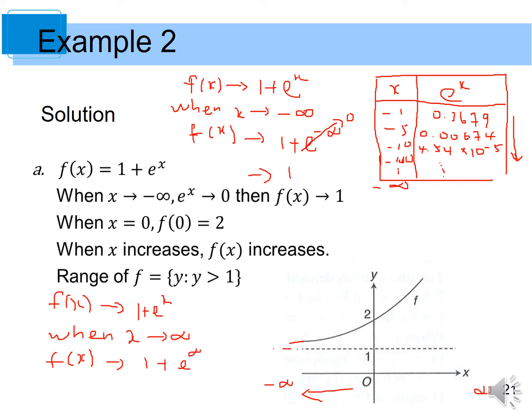So just construct a table to test it. The value here is x and exponent x. For this side, you can test some of the values, 5, 10, 100, and until infinity. And for the x equal to 1, all of you know the value is 2.7.